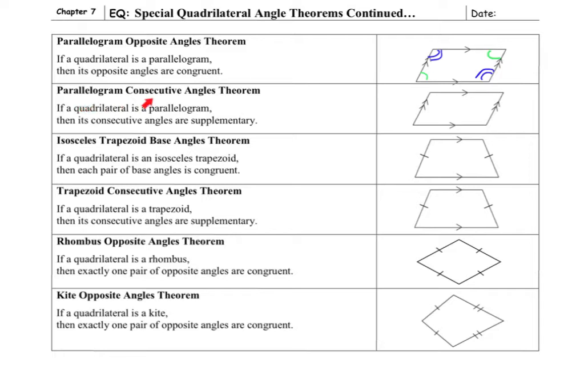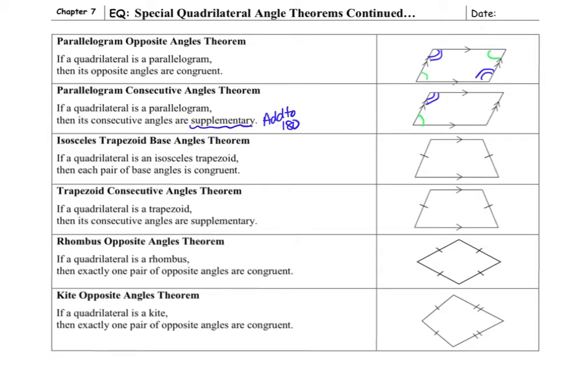The parallelogram consecutive angles theorem states that if a quadrilateral is a parallelogram, then its consecutive angles are supplementary. So if these are parallel lines, the consecutive angles would be these two. Angles that are supplementary add to 180 degrees.